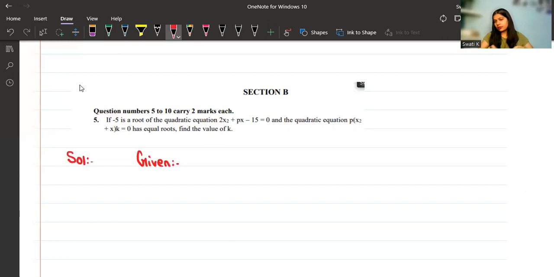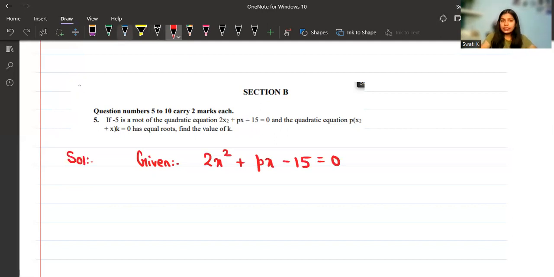Whatever is given in the question, the very first thing that you do is write down all the given information. So the very first given information is the quadratic equation, that is 2x squared plus px minus 15 equals 0. It is also given that -5 is a root of the quadratic equation.